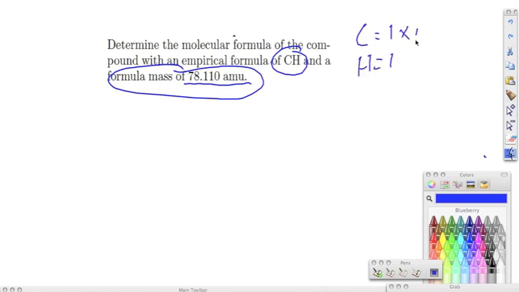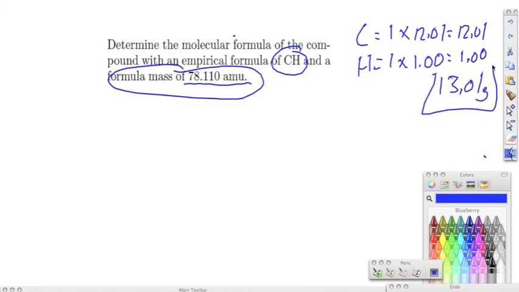We multiply them by their atomic masses and add them up, and we get 13.01 grams. That is the mass of the empirical formula.